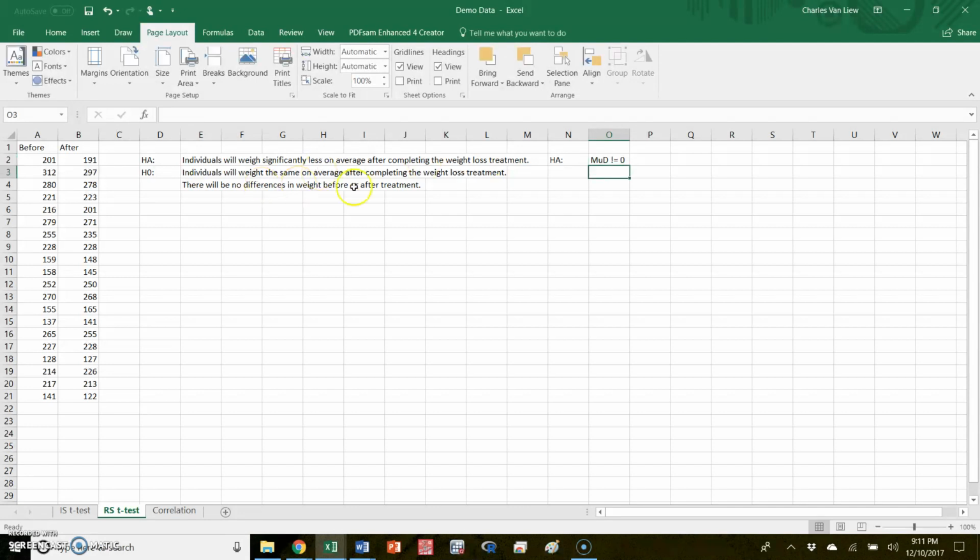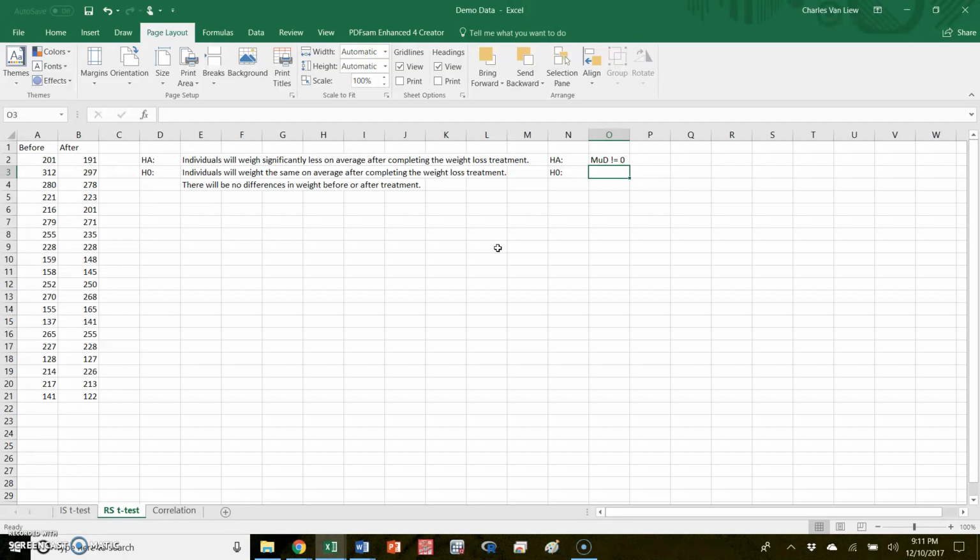That is, the average difference between before and after for this sample is a non-zero number. That is, weight has changed significantly. So we're going to make this non-directional just because, again, it tends to be more conservative and it's the go-to. In science, we default to two-tailed tests. You have to really justify doing a one-tailed test for the most part.